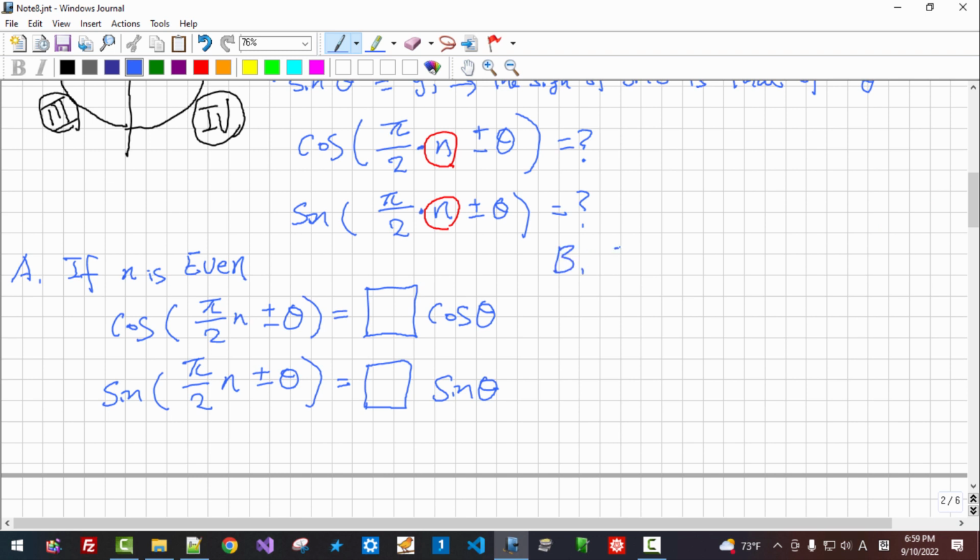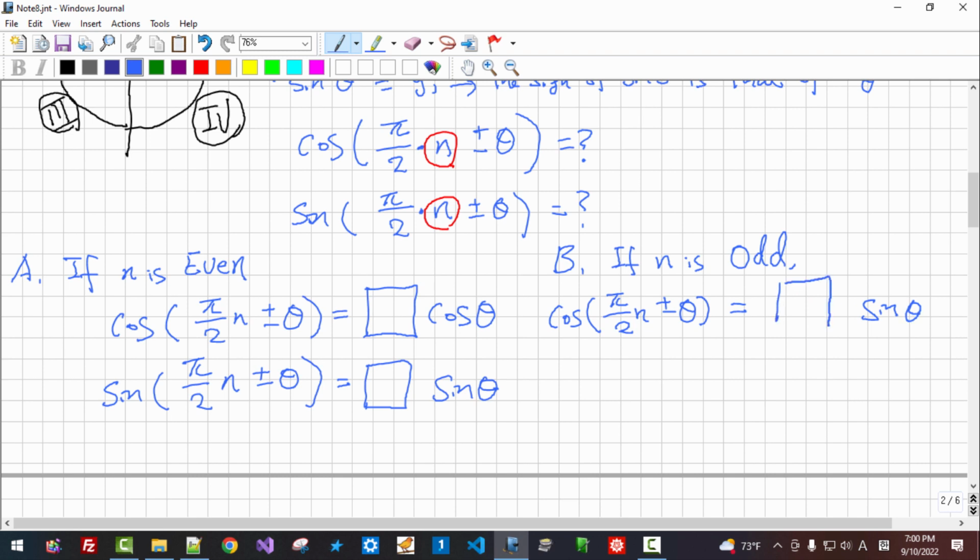B. If n is odd, cosine of pi over 2 n plus or minus theta equals sine theta.